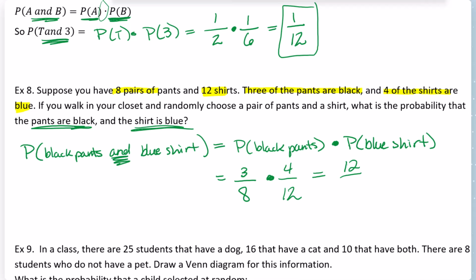In the denominators, 8 times 12 is 96. We do have to simplify whenever possible. In this case, 12 will go into itself 1 time. 12 goes into 96 8 times. And the likelihood of getting black pants with a blue shirt is 1/8 based on our given information.